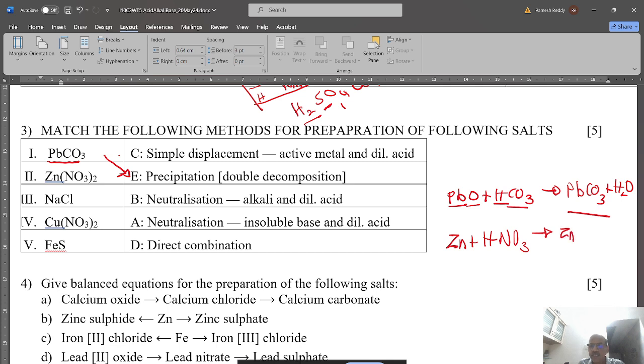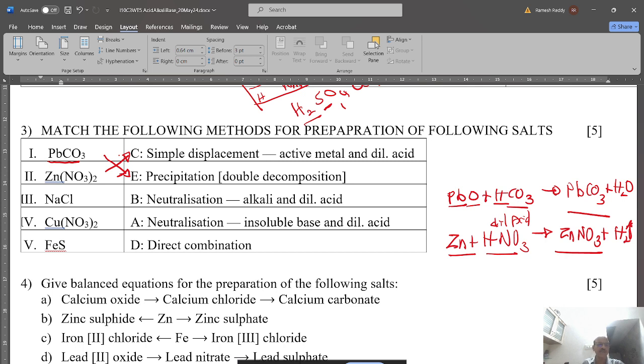Then you get zinc nitrate plus H2 gas evolved. Whenever an active metal reacts with a dilute acid, any dilute acid, it immediately forms a salt, Zn(NO3)2. So it will displace the hydrogen. Similarly, with dilute sulfuric acid, H2SO4, you get the same thing. So this is a reaction of an active metal with a dilute acid.